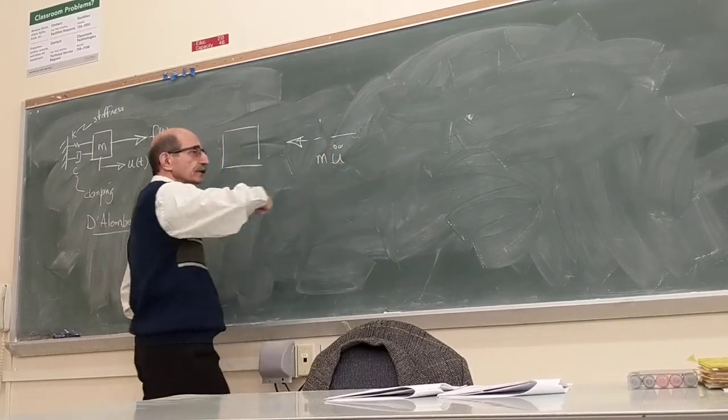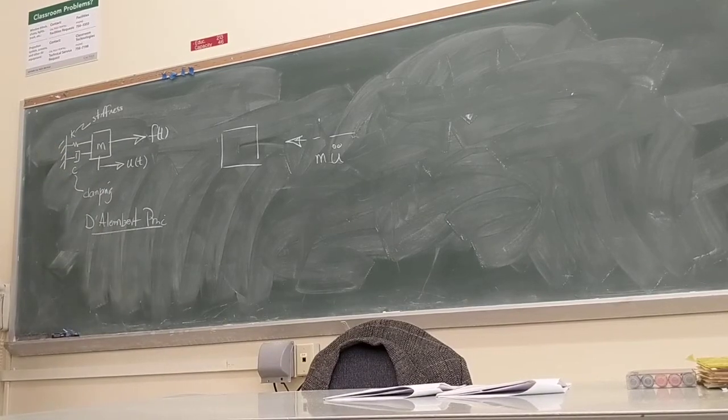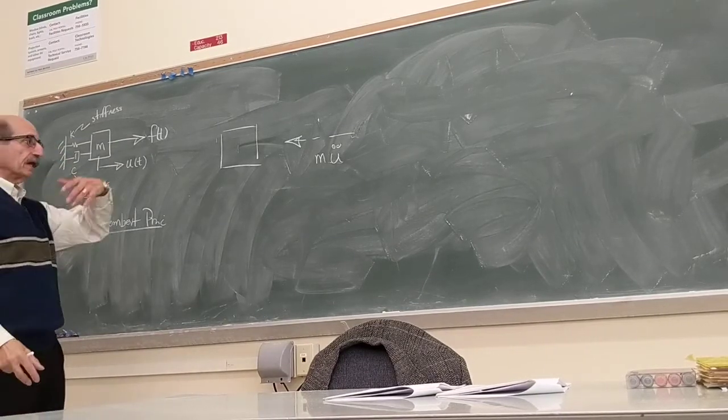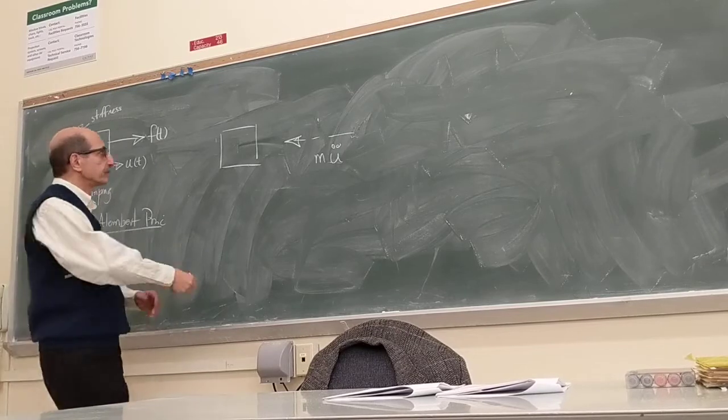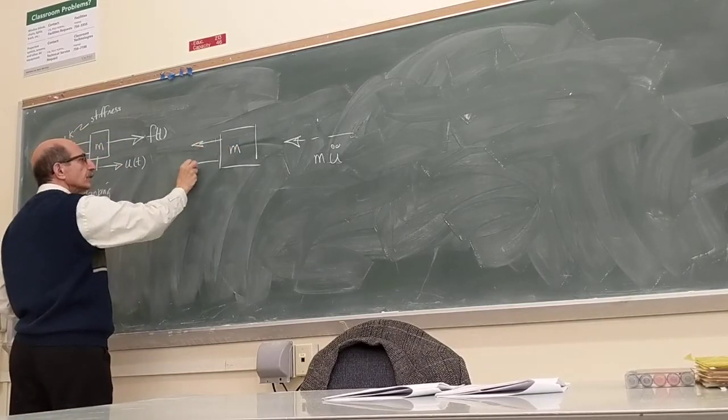If it's linear direction, it would be m u double dot. If it is rotational, it would be the mass moment of inertia times the rotational acceleration, right? So it would be this.